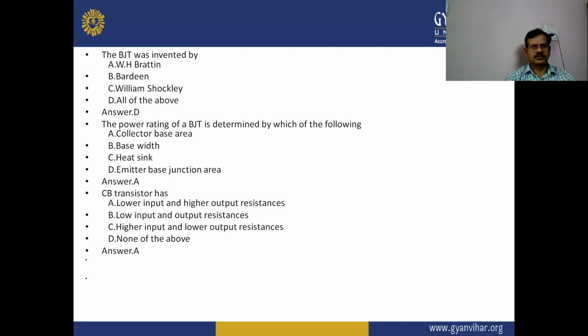Next, the power rating of a BJT is determined by which of the following. Option A, collector base area, option B, base width, option C, heat sink, and option D, emitter base junction area.